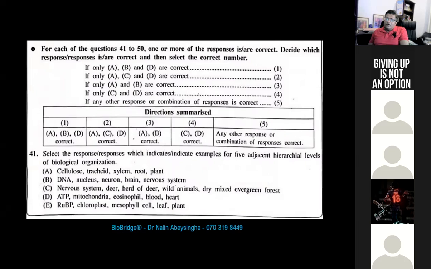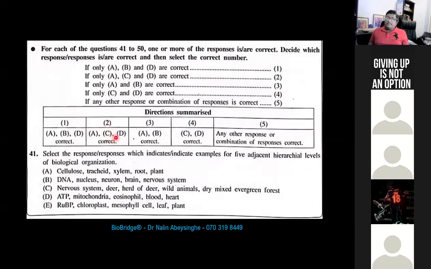Now, all questions from the first question to the 40th question in your MCQ paper are the same. You have to mark only one answer, right? Here also you have to mark only one answer in the answer sheet, but that answer, you can see, if you mark 1, that represents A, B, and D. If A, B, D is correct, you have to mark 1 in your answer sheet.